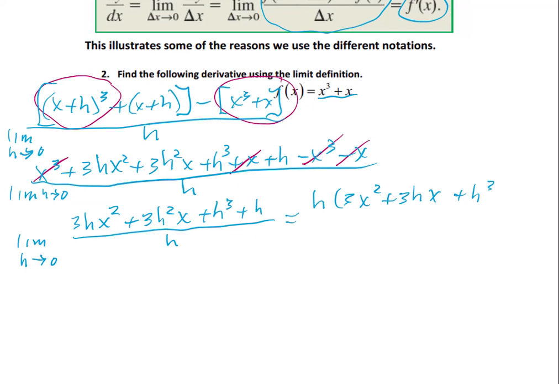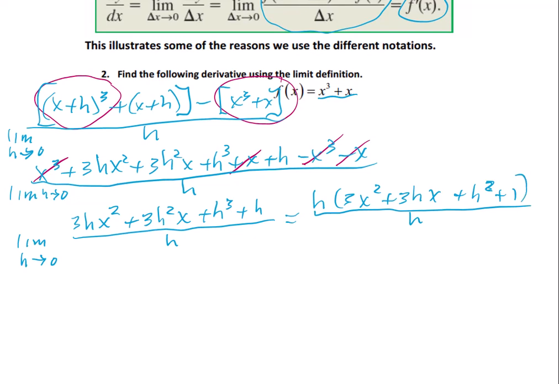Nope, sorry. Let me think here. 3x squared plus 3hx plus h squared plus 1. Alright, all of that is over h.